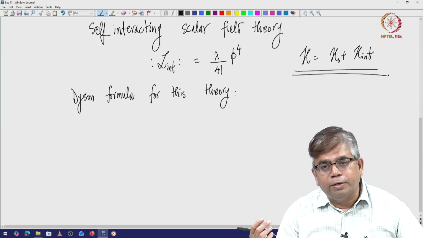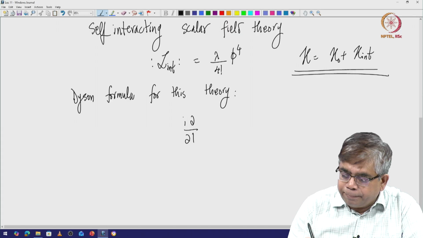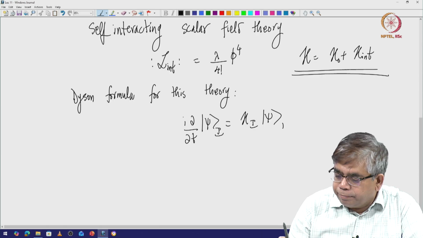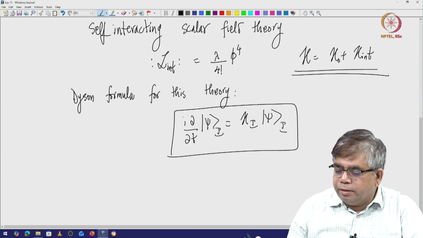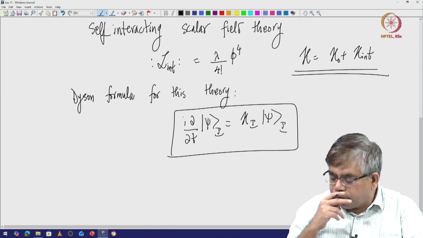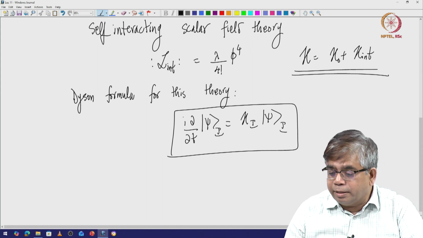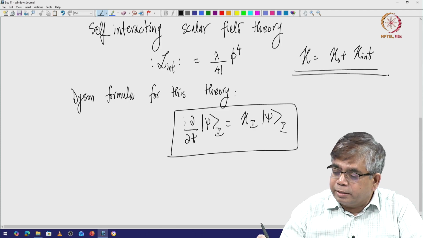which we wrote down particularly for this one. So, i del by del t psi I is equal to H I psi I. Now, we had to solve this carefully, because H I is the interaction Hamiltonian in the interaction picture.